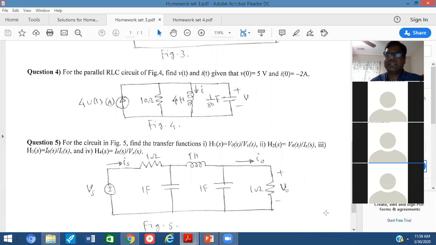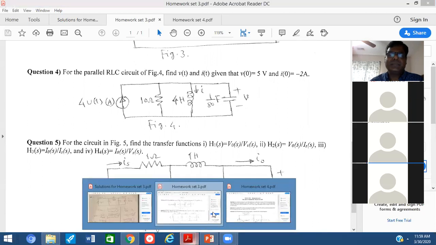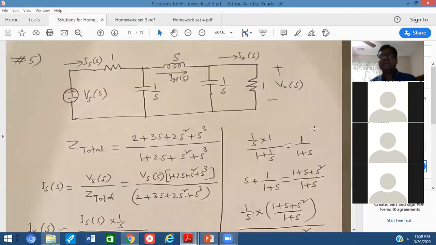4 questions. Many of you have done this one properly, but some of you got the wrong result. So in my case, you see what I did. You see the right side calculation. First, I am making the total impedance. You see, the last 2 branches, these 2 are in parallel. That I am doing here, right side.